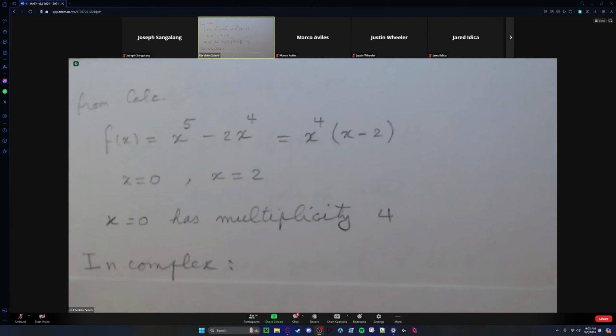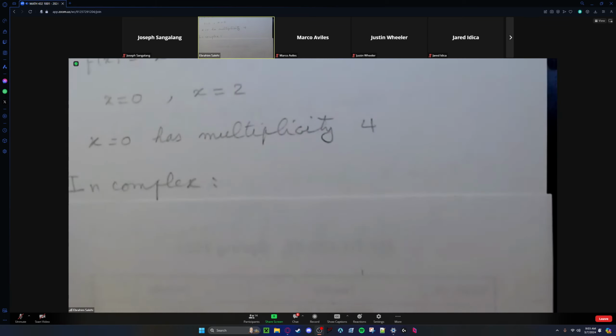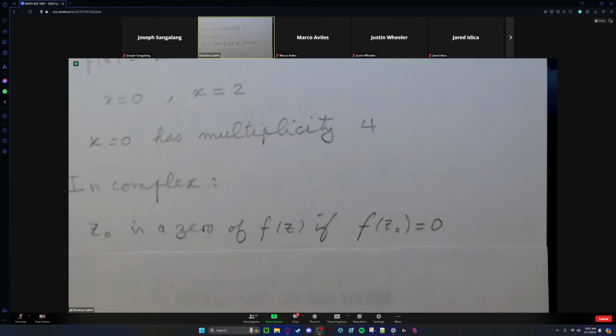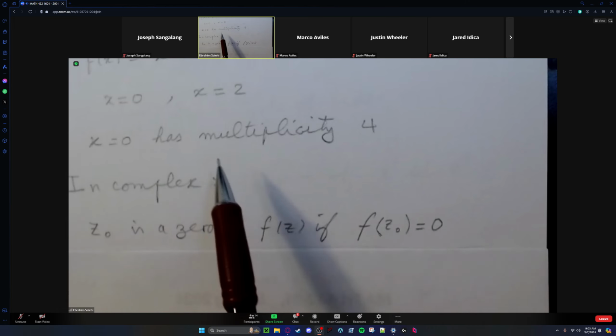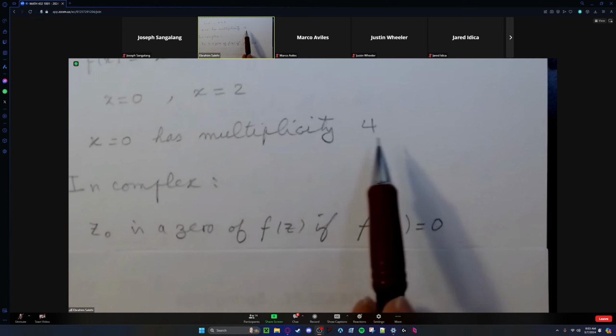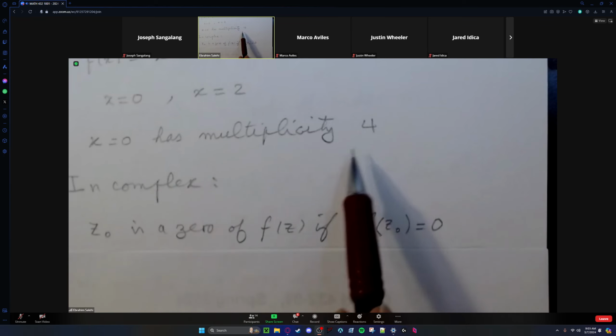Now here comes in complex. We say z naught is a zero if, of course, you plug it in and you get 0. But can we have a sort of multiplicity?